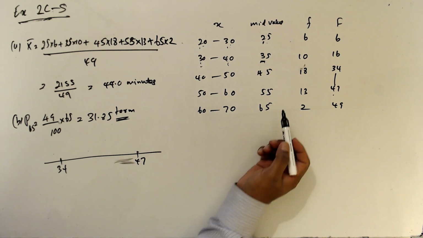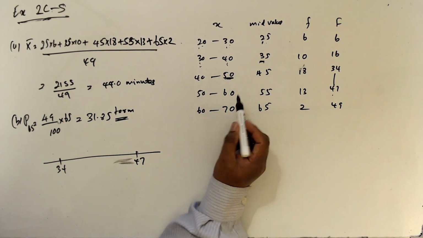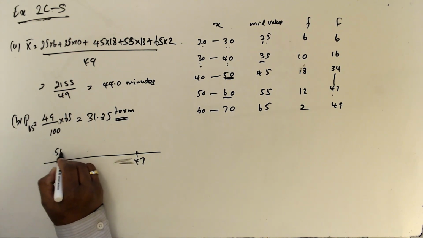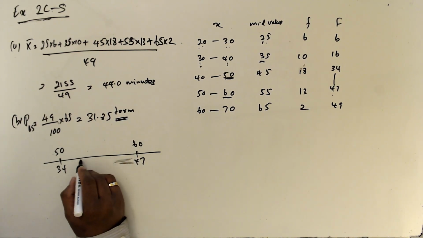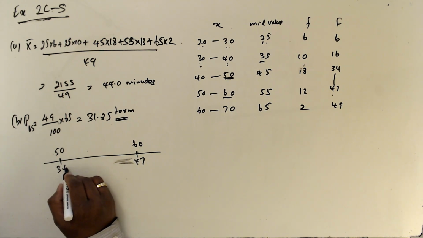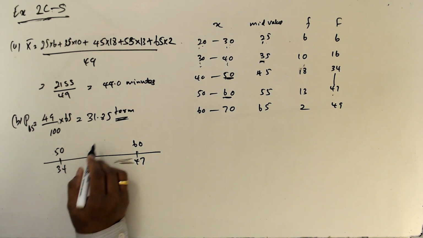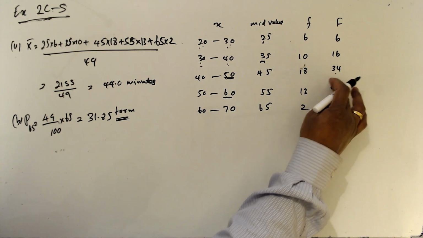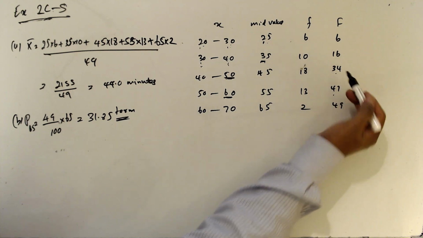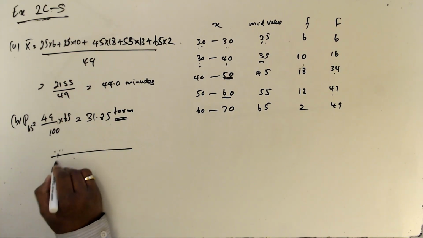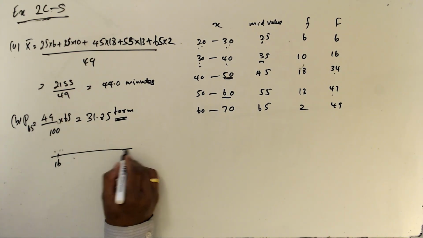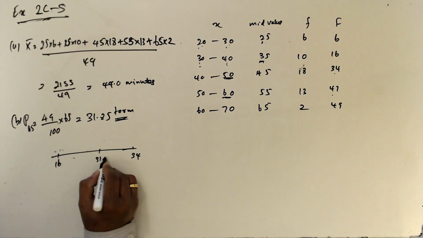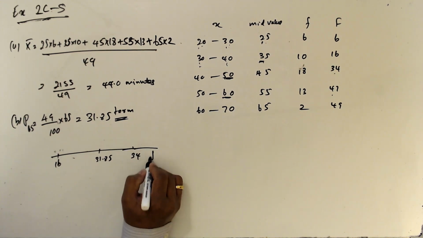Oh sorry, I need 31.85, so I'm in the wrong boundary. 31 is not between 34 and 47. So this is 16 and 34, and I need the 31.85 term.